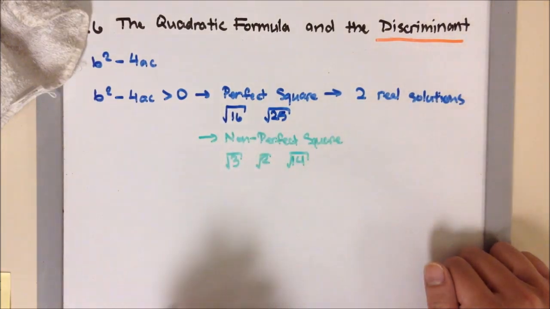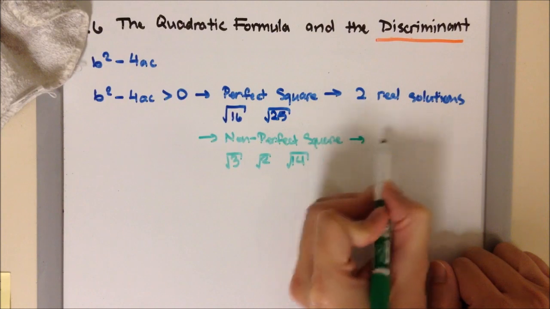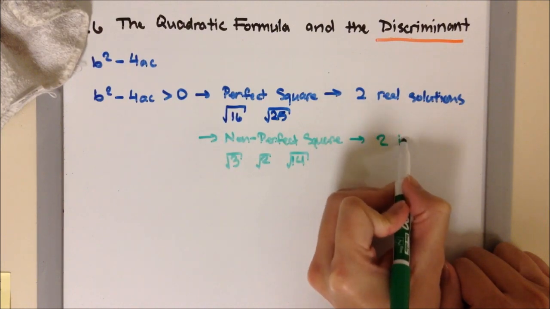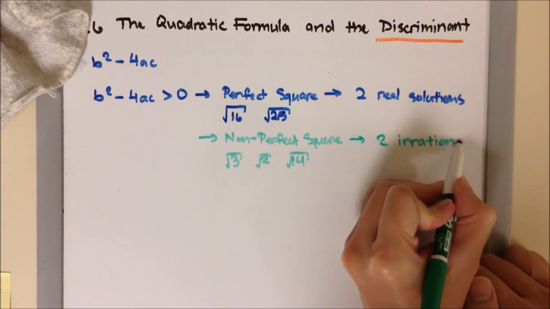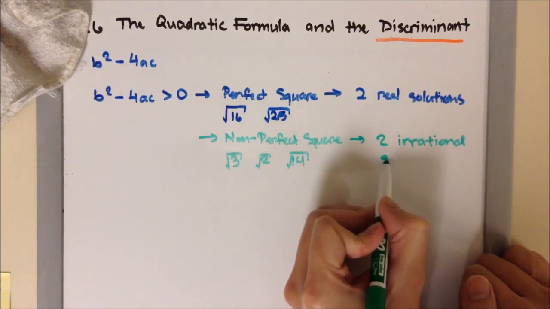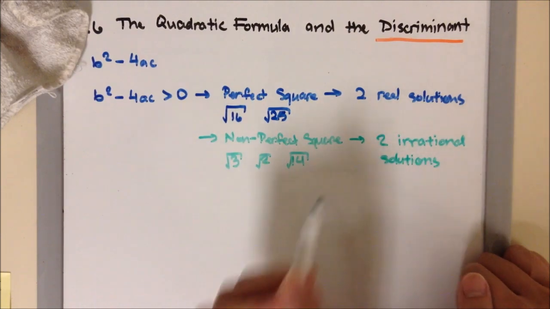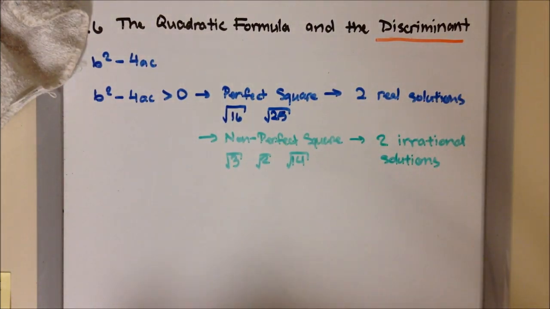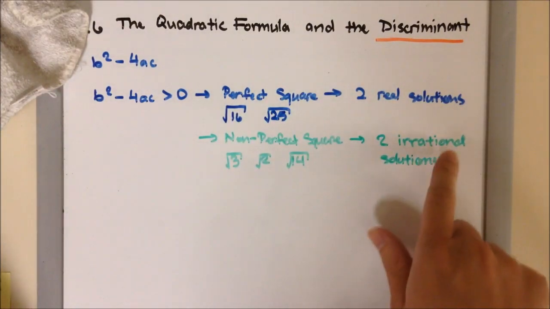So 3, 2, and 14 are non-perfect squares. When you have that, you're going to have 2 irrational solutions. So, perfect squares, 2 real solutions. Non-perfect squares inside the square root, irrational solutions.